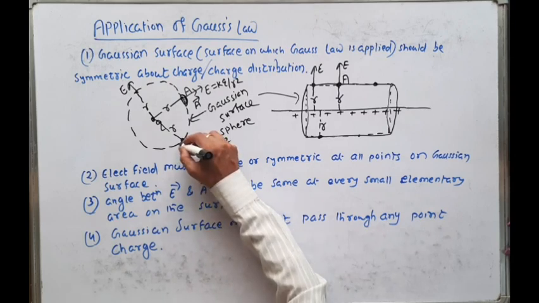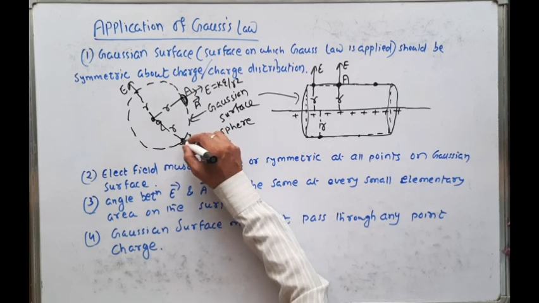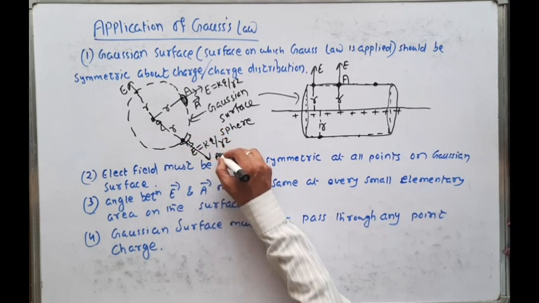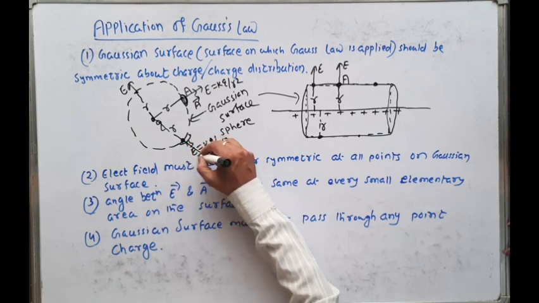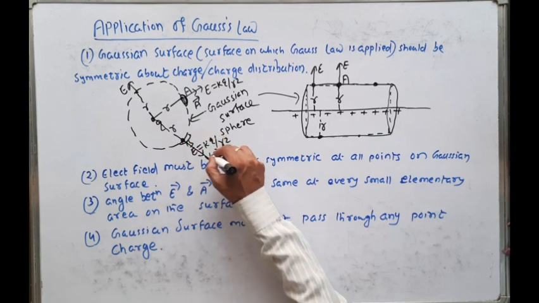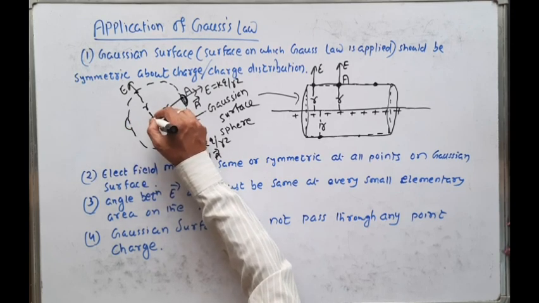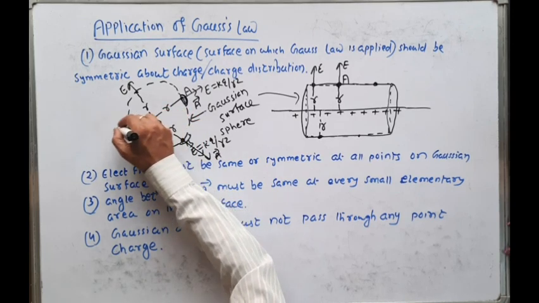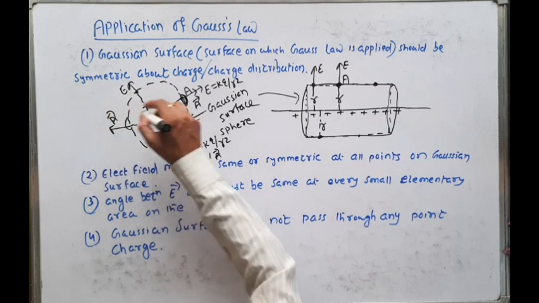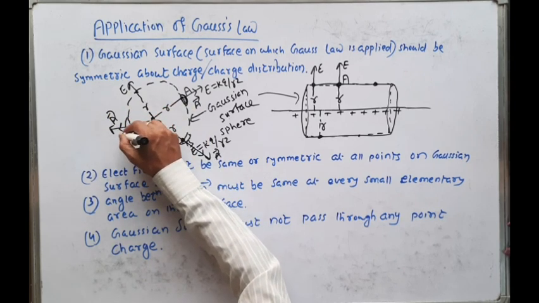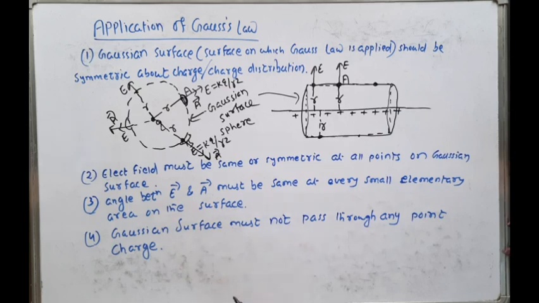If I take a small element here, the area vector is outward and the electric field is also outward. So the angle is 0 degrees.